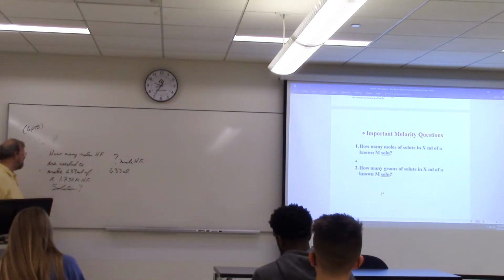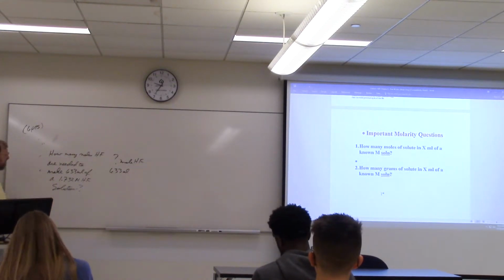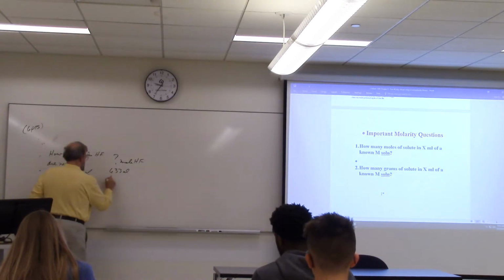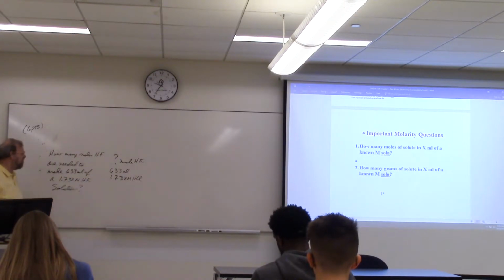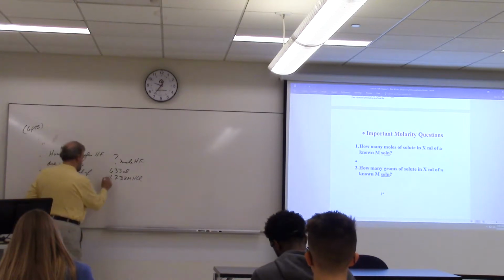633 milliliters of a solution. And what is that solution? 1.732 capital M HCl. As soon as you see the capital M, what do you say? I know that. That means molarity.